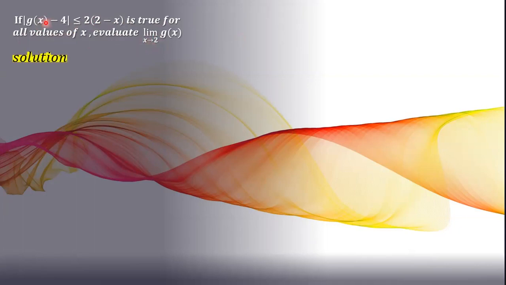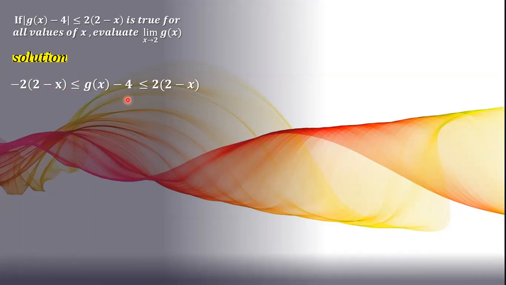Now, if we have an absolute value less than something, we can redefine it by the inside of the absolute value being less than the other side and greater than the opposite sign of the other side.